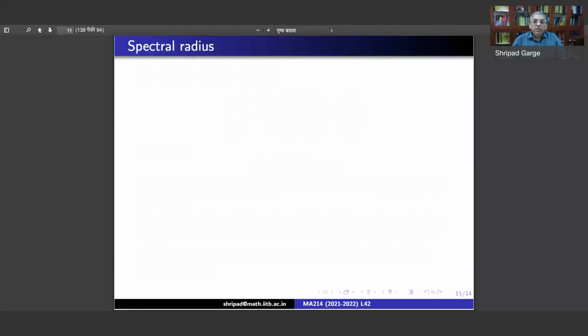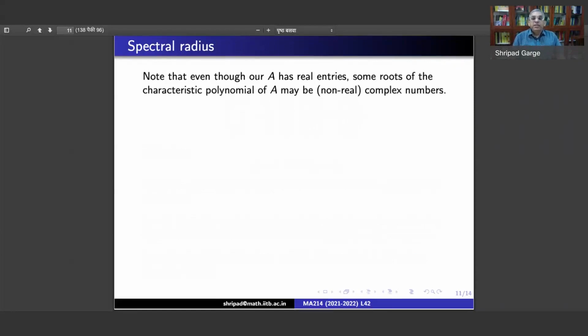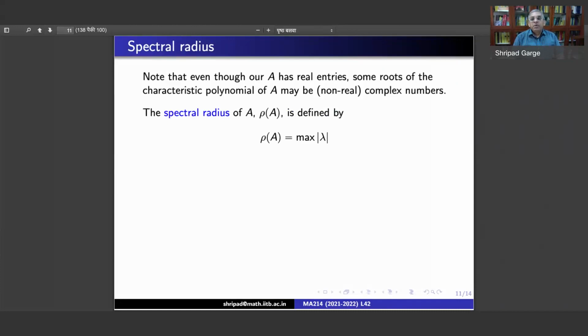Now we go to the notion of spectral radius, which will help you compute the L2 norm of a matrix. Even though your A may have real entries, some roots of the characteristic polynomial may be non-real complex numbers. This is again to emphasize, because we are going to define the spectral radius as the maximum of mod lambda, where that lambda will vary over all roots of the characteristic polynomial.